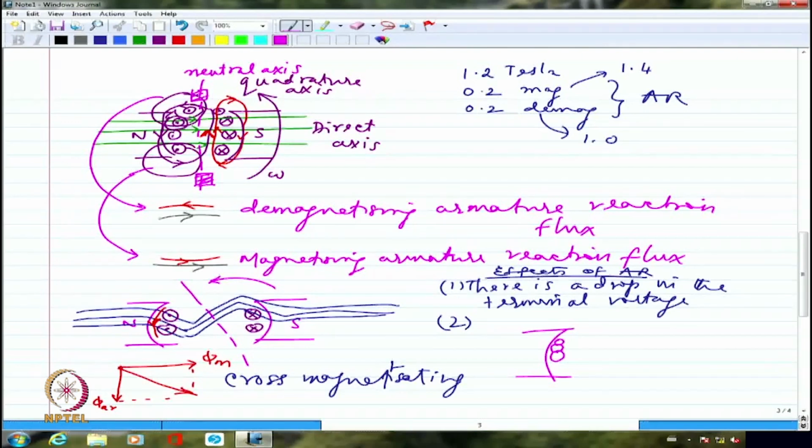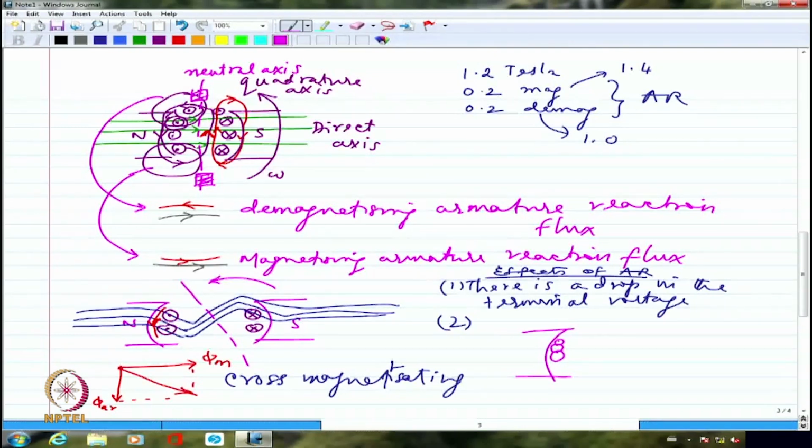I'm talking about only cross-magnetization because the cross-magnetization takes place along the curvature of the pole. So along the curvature of the pole, I put some windings along with the pole itself, and I want them to carry a current which is in anti-series with the armature current.